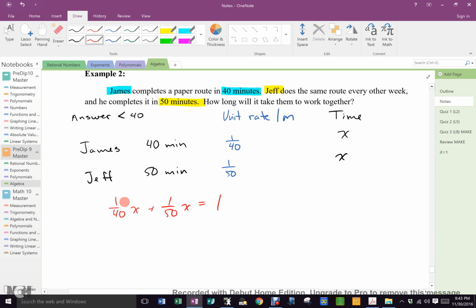Maybe Leighton got this one. It's 200, isn't it? So I got to multiply everything by 200 to get 5x plus 4x equals 200. 9x equals 200. X equals 200 over 9.